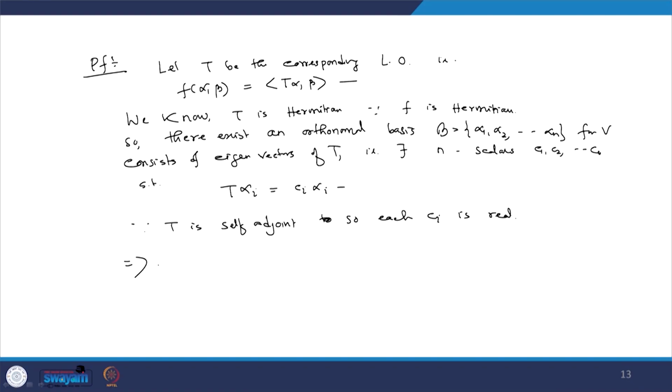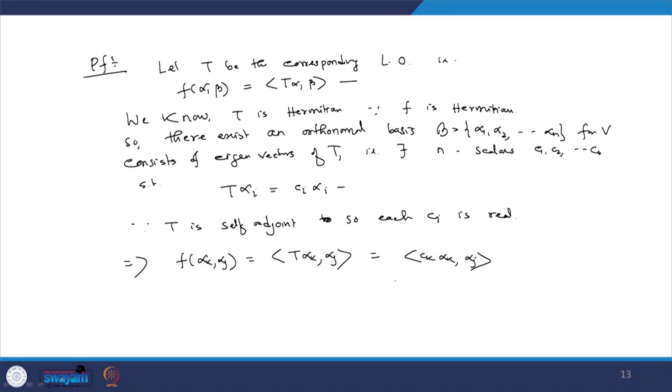So, if I consider the matrix representation of the form f with respect to this ordered basis, I have f of alpha k alpha j equal to inner product of T of alpha k, alpha j, which is equal to inner product of ck alpha k and alpha j.